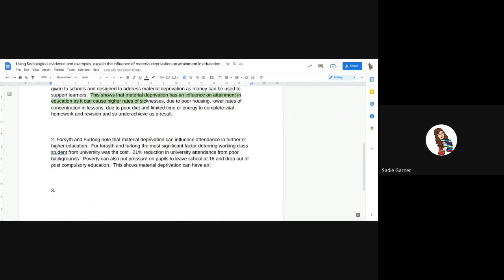Material deprivation can have an influence on attainment in education, as some groups are unable to attend or attain degrees because the cost of tuition fees is a deterrent.